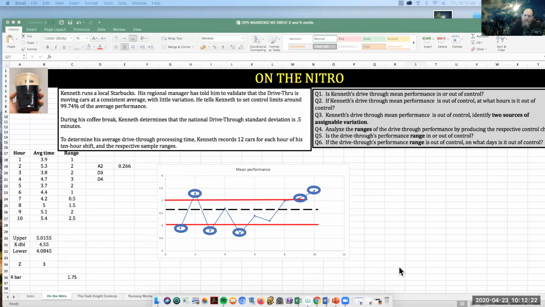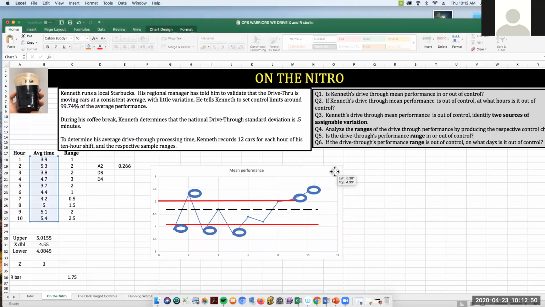So those are great examples of assignable variation: people getting tired, running out of supplies. We could have a new worker that came on at hour 9 who wasn't as trained. Those are good things to think about, and that's what I want you to think about when you think about assignable variation.